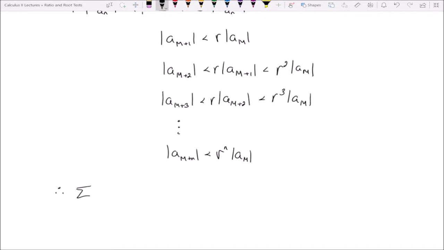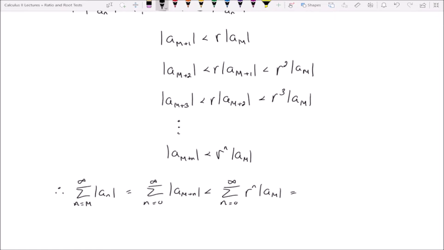Therefore, if we take a look at the series of the absolute value of a sub n from m to infinity, this is equal to this series, which is now less than the series n equals 0 to infinity of r to the n times the absolute value of a sub m.